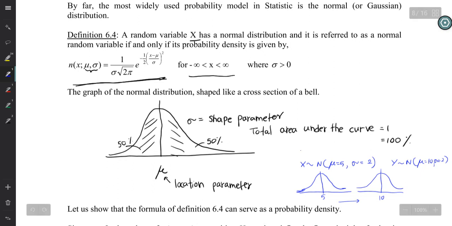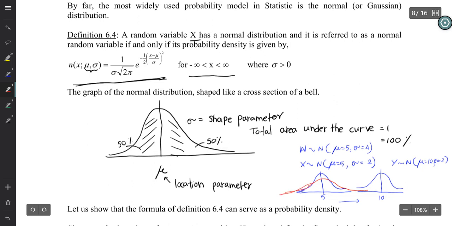Now suppose you have another distribution, let's say W, again normal, with mean 5 and the standard deviation 4. How will this look? Now you have a large variability, so the bell should be very fat and flattened. It is still symmetric about 5, and it will look like this, a flat bell.